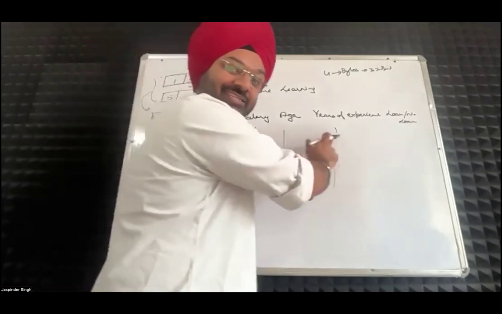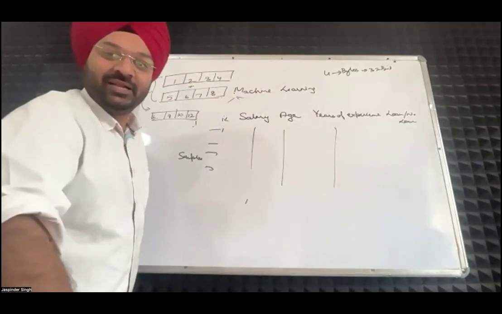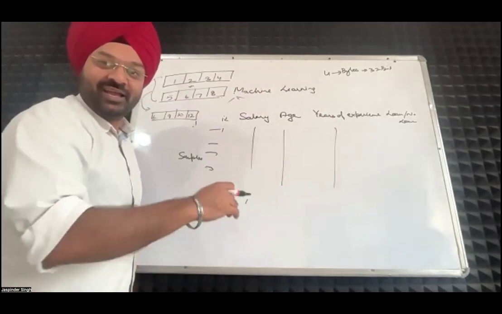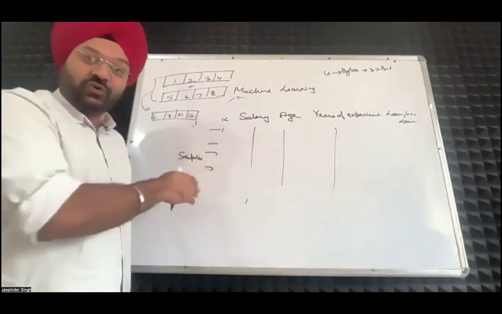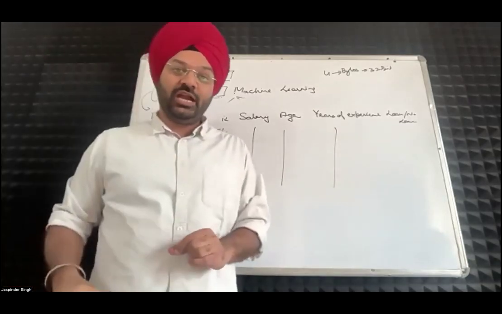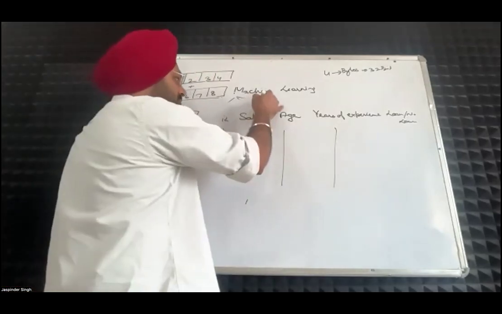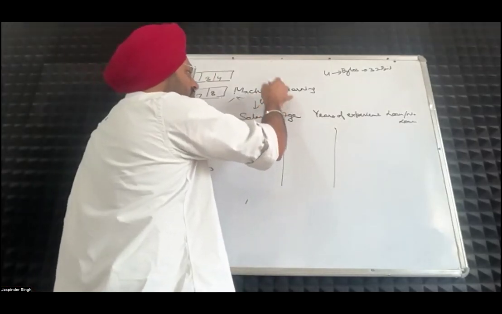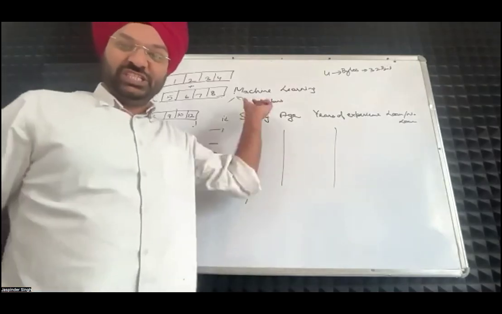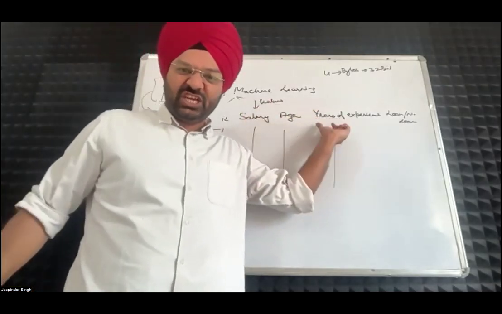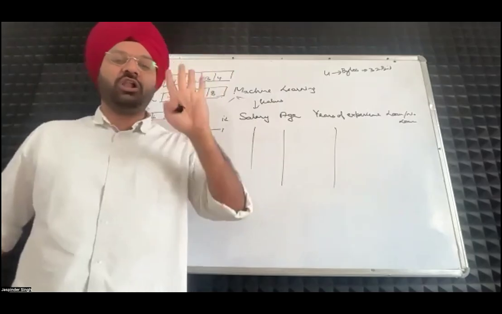He has salary, age, years of experience. Make sense? And then Bharat is the next sample, and so on and so forth. These are called samples in your data. These are called features. Salary is a feature, age is a feature, years of experience. You can call them columns also.